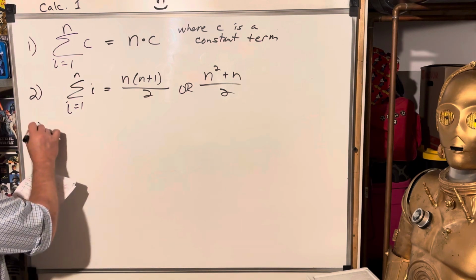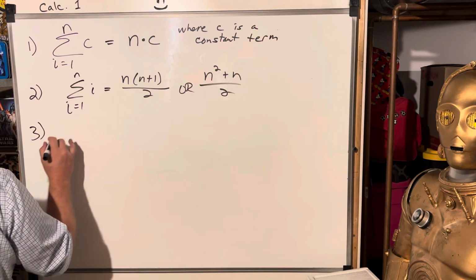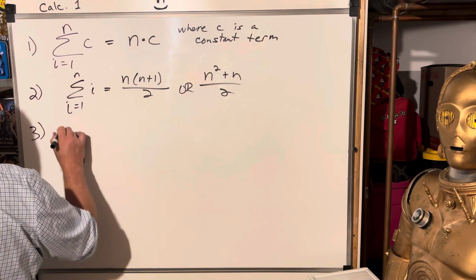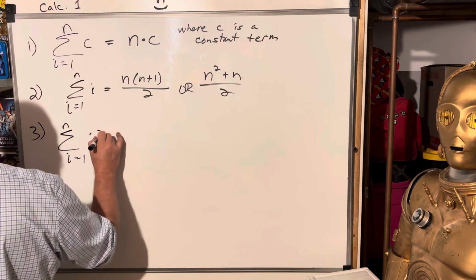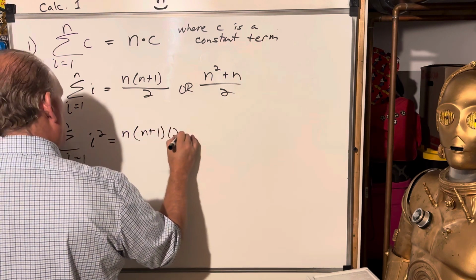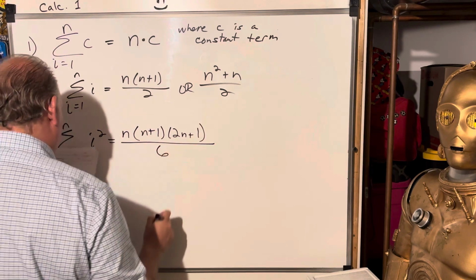3. If you have i squared, that's n times n plus 1 times 2n plus 1 all over 6.